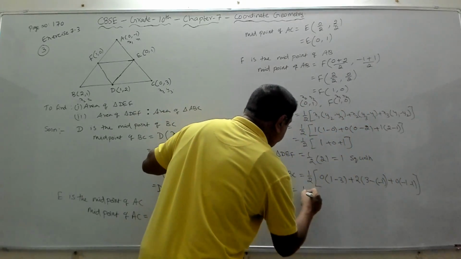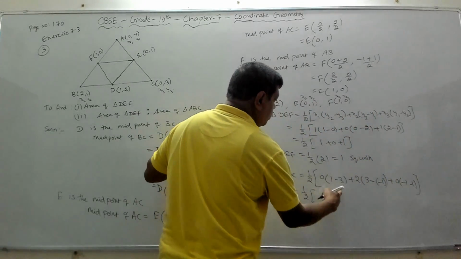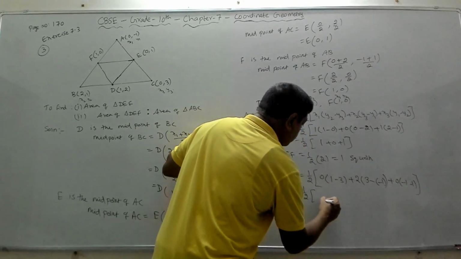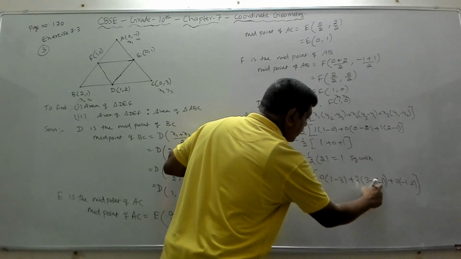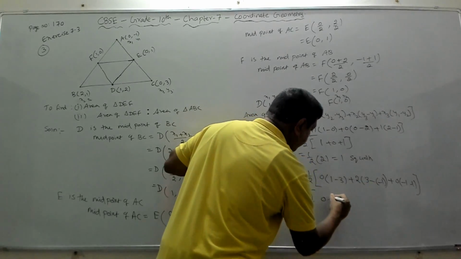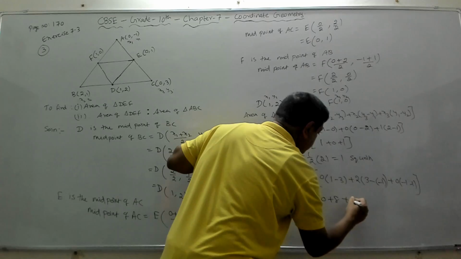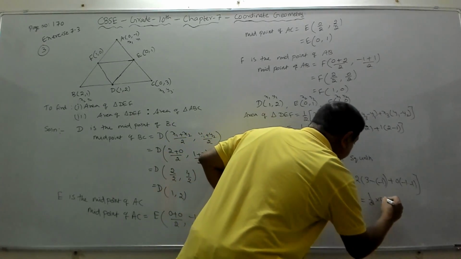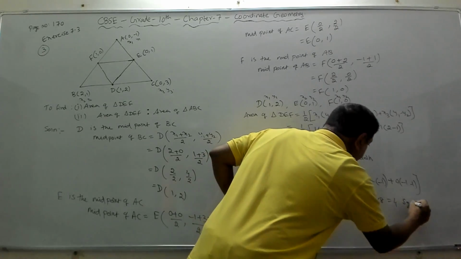So that gives you 1 by 2 of, this becomes 0, then 2 into 3 plus 1, which is 4, 4 2s are 8, and this is also 0 into anything is 0. So finally we'll get 1 by 2 into 8, which is 4 square units.